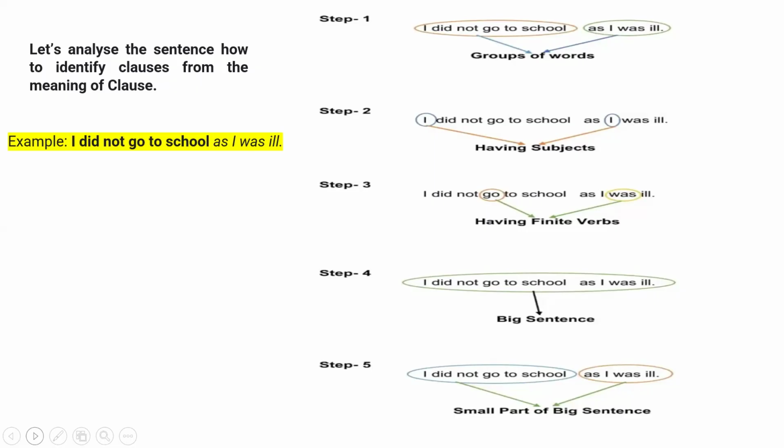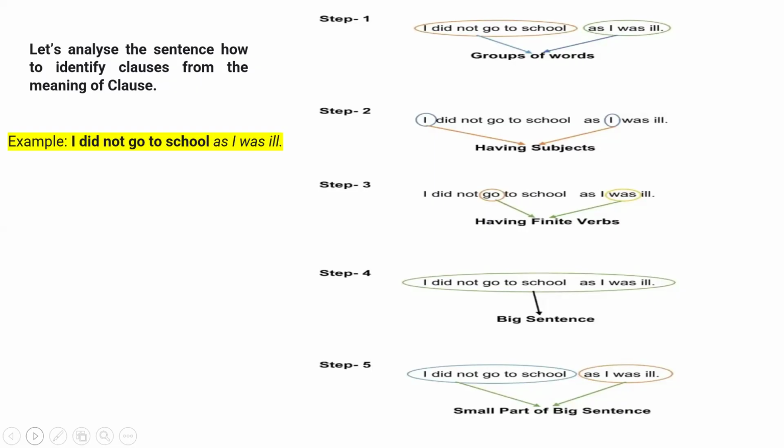It makes sense and does not require any other clause. But as I was ill depends on the previous main clause, and as is used as a connector. So as I was ill is a dependent or subordinate clause.